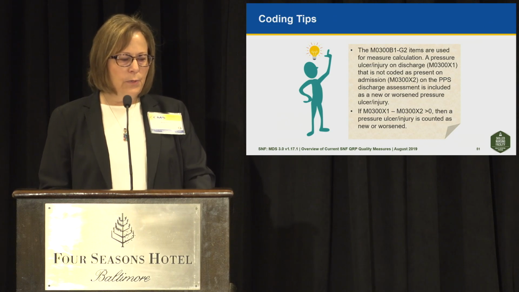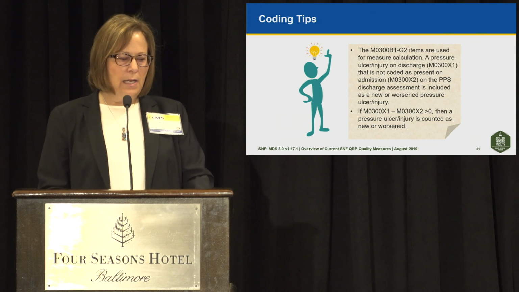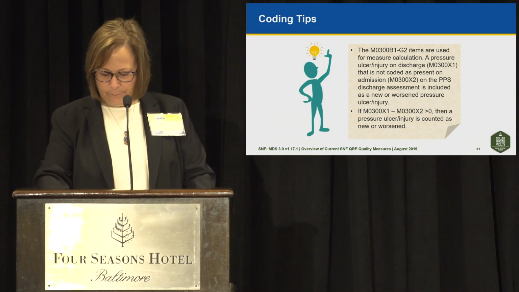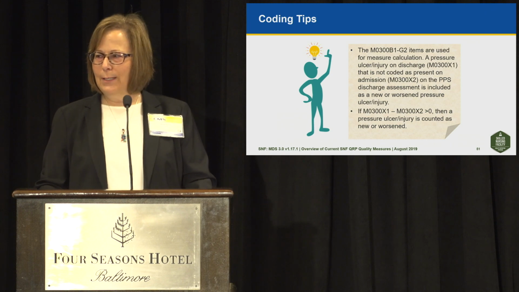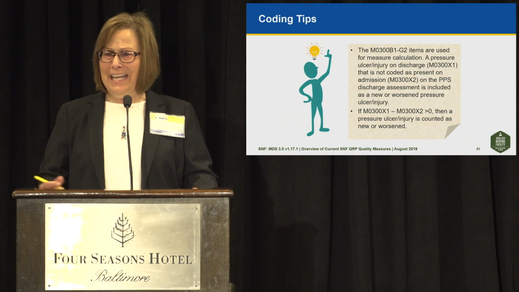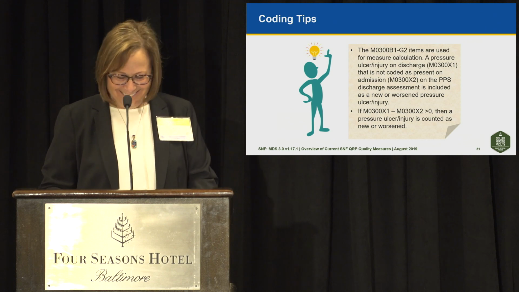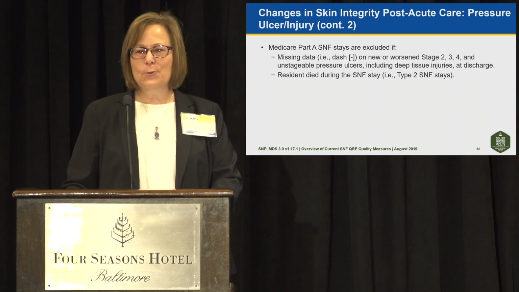And M0300X1 minus M0300X2 greater than 0 means that a pressure ulcer injury is counted as new or worsened. Welcome to quality measure math. They put an X in. And X just represents the variable B through G.